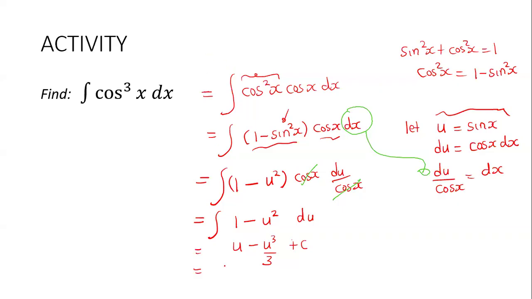Our u is sin x. So we shall say here sin x minus sin cubed x out of 3, plus C. Very good. So that is what we do, members.